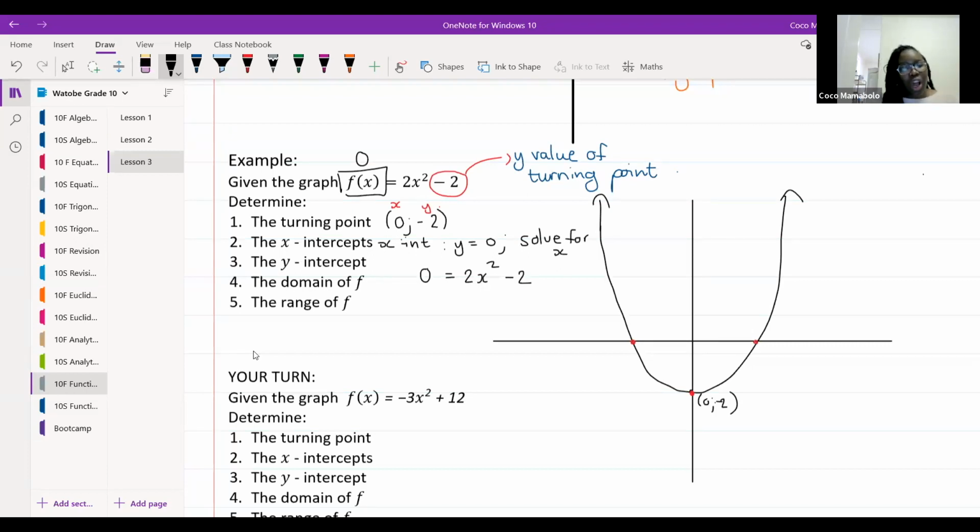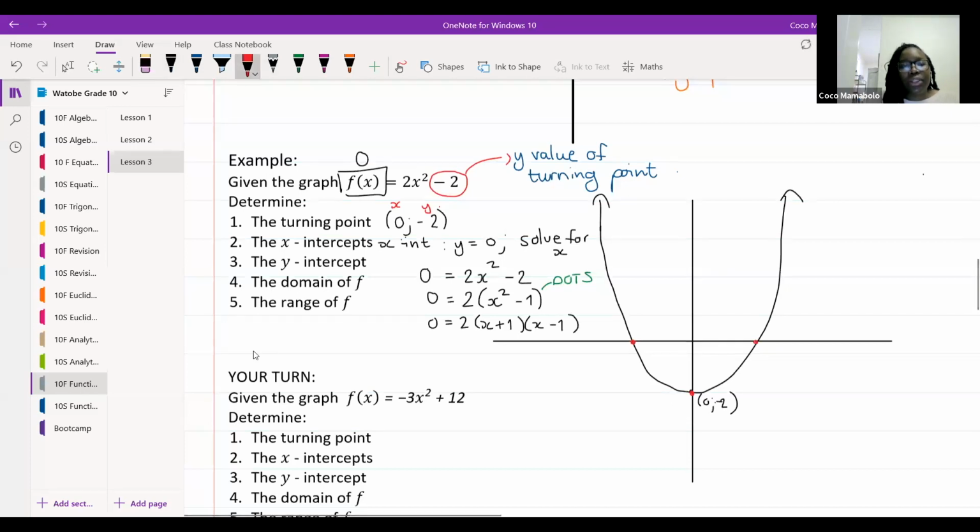We know how to do this algebraically. I'm going to take 2 out as a common factor, so I'm going to end up with 0 is equal to 2 times (x squared minus 1). Then I note that the thing inside the bracket is a difference of two squares. I'm going to factorize it: 2 times (x plus 1)(x minus 1).